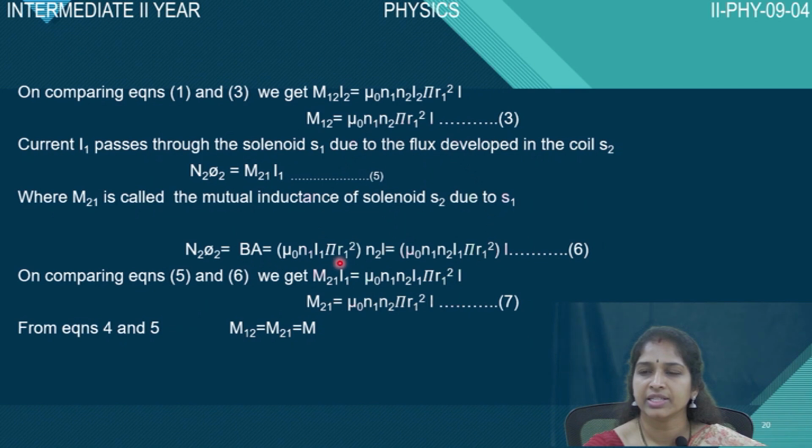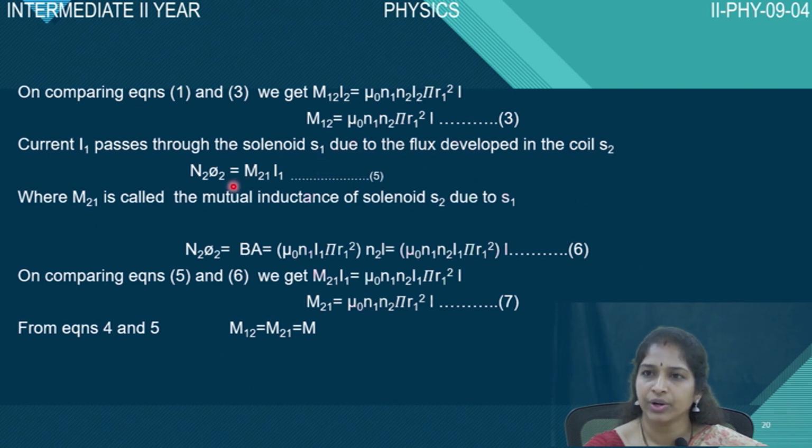Area of cross section I am taking as pi R1 square, because solenoid S1 is inserted in solenoid S2, so the radii are almost equal. In general we can write pi R square also. So here I am taking pi R1 square, and capital N2 is small n2 into L. On multiplying this, we get N2 phi 2 equals mu naught N1 N2 I1 pi R1 square L.